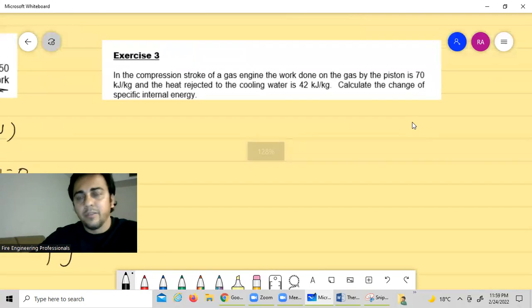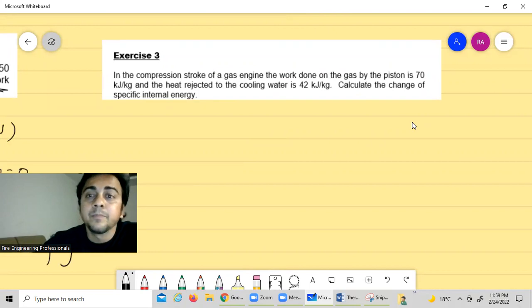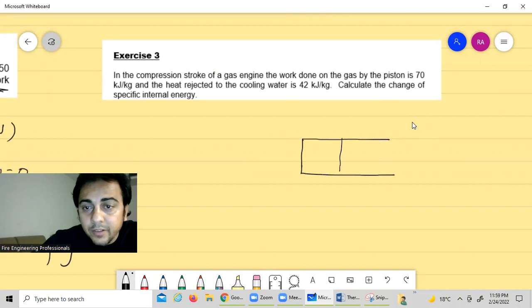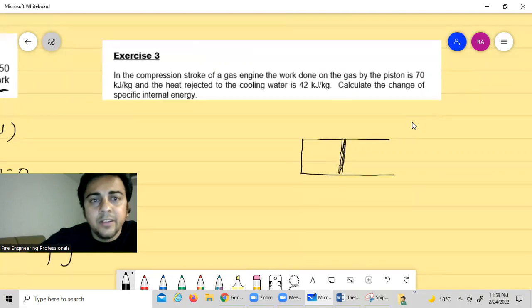Okay, the last one for this session, which is exercise 3. Again, they are talking about the compression stroke, right? This is again the piston cylinder assembly. Okay, so suppose this is your cylinder and this is the piston, and inside the piston, the compression stroke of a gas engine.